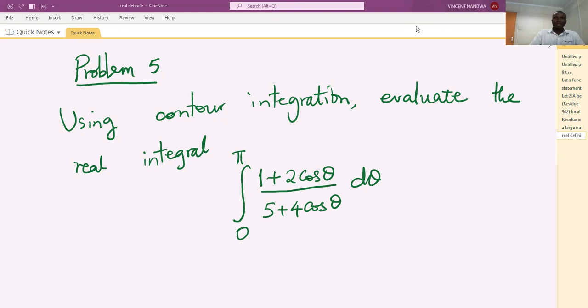So use contour integration to calculate the real integral from 0 to pi of this function. What we have to do is to first observe that the given integral can be written in the form.